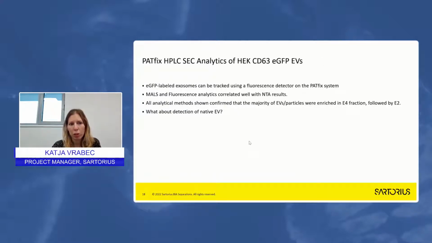We can see that EGFP labeled exosomes can be tracked using a fluorescence detector on the PATfix system. We can see that MALS and fluorescence analytics correlated well with NTA results. And all analytical methods that we used confirmed that the majority of the EV particles were enriched in fraction E4, followed by fraction E2. But what about when we have to detect native EVs in the sample?